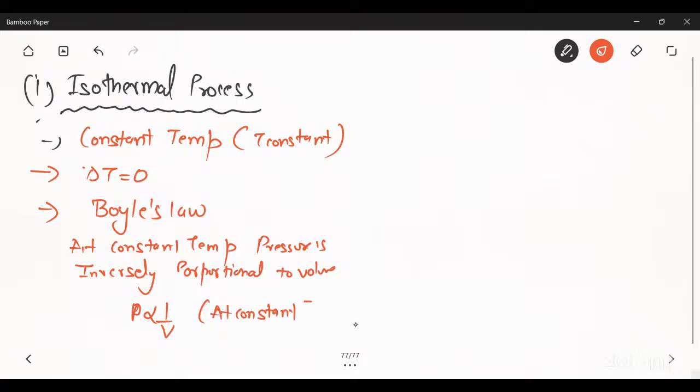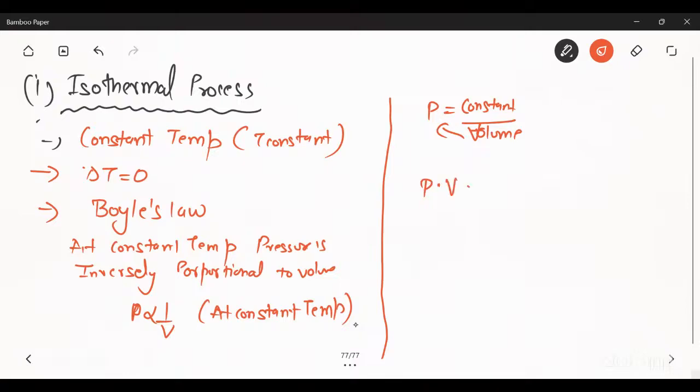At constant temperature, the pressure applied to a system is inversely proportional to the volume of the system. So P is equal to a constant upon volume. Now if you cross multiply both sides, the pressure into volume is always constant.